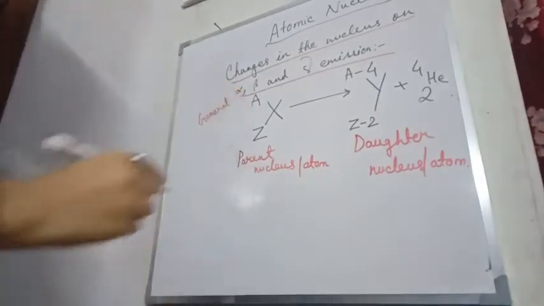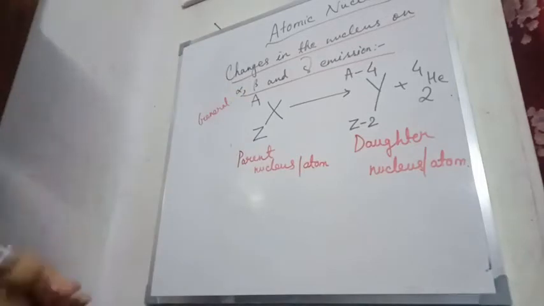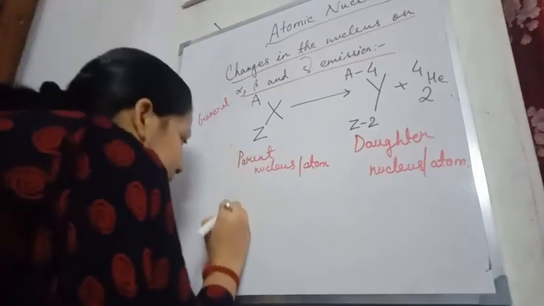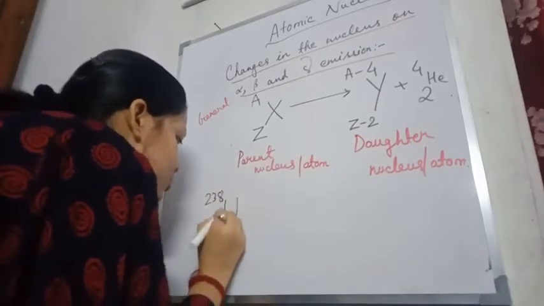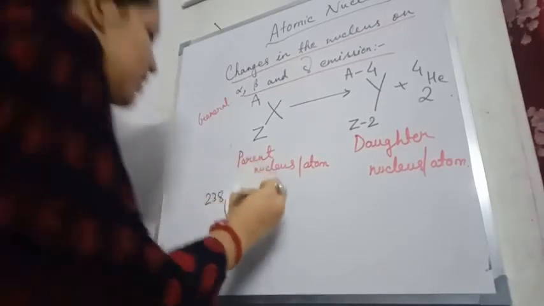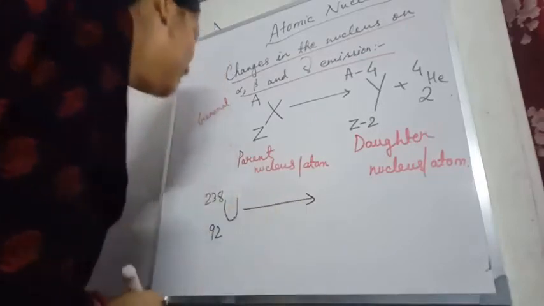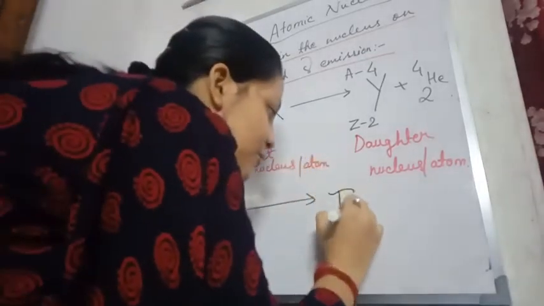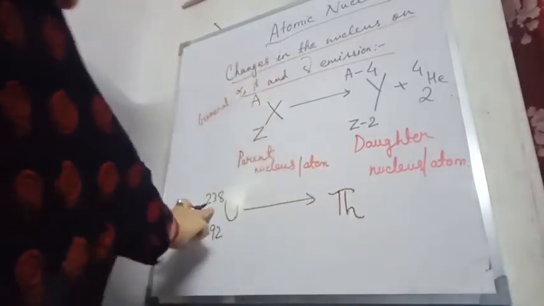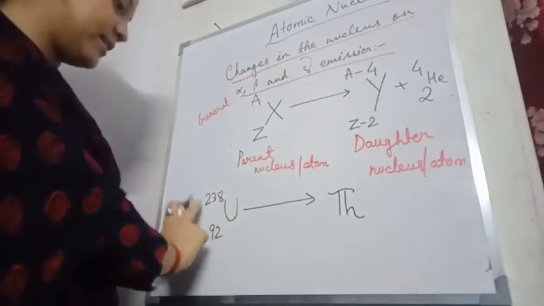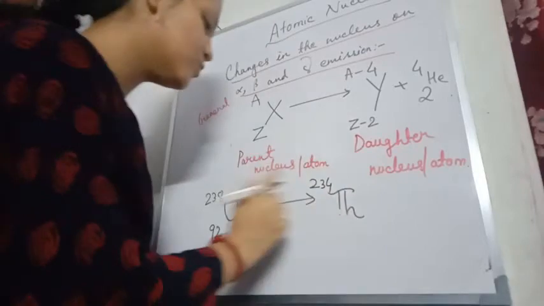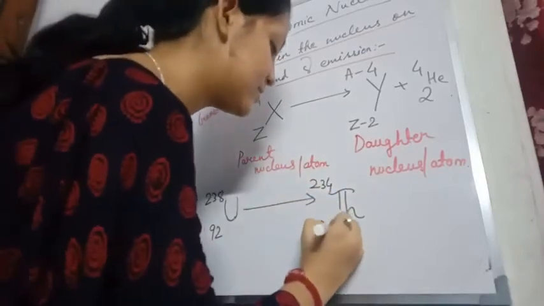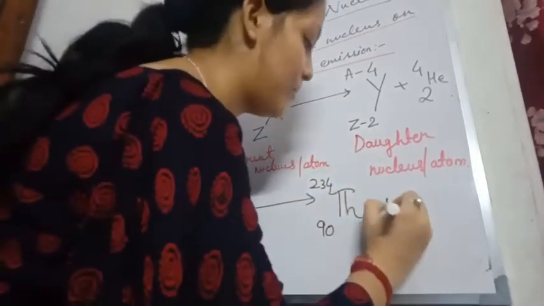If I give an example, let's do the example. Uranium with mass number 238, atomic number 92, will give alpha particle and will form a new element with mass number reduced by 4. So 238 minus 4 will be 234. 92 minus 2 will be 90. This is the new element formed, or the daughter element. And we are going to get alpha particle.